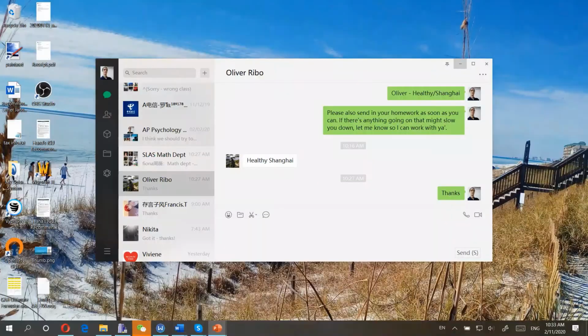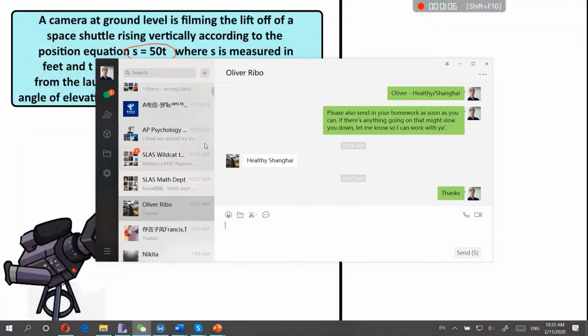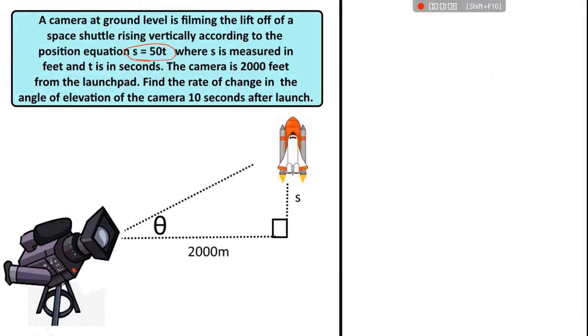Find an equation. Okay, so what equation should I use? Is there anything that relates what we know to what we don't know?